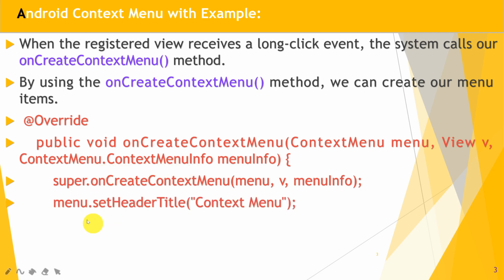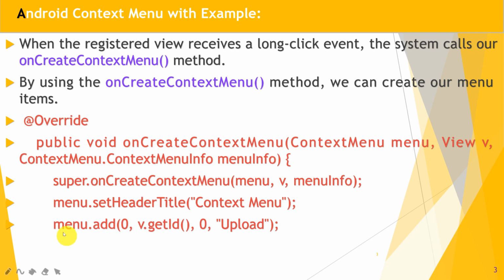Then you can give any title to that context menu by using the setHeaderTitle method. After that, you can add the menu items into the particular menu, where menu is the object of the context menu. Using the add method, we add a menu item, suppose Upload, into the respective context menu.